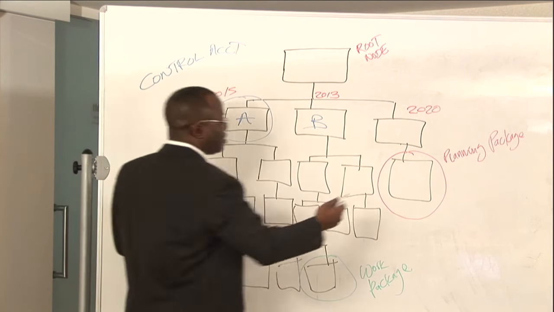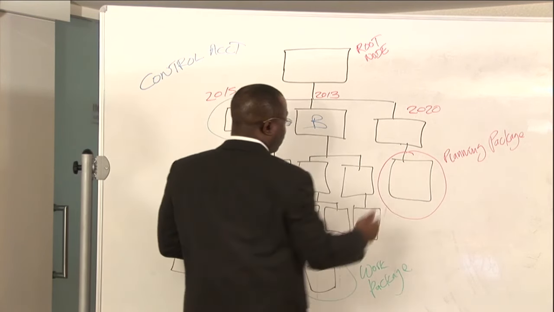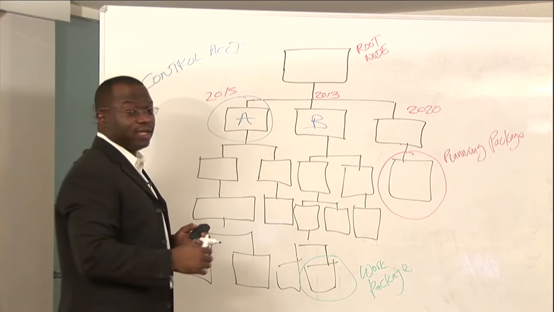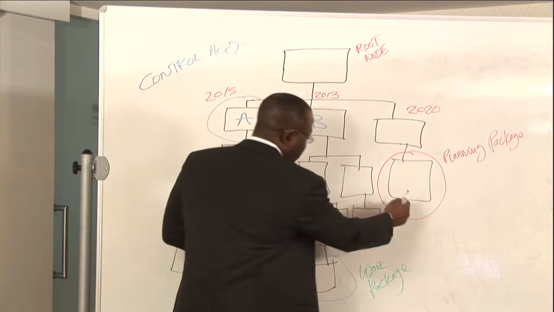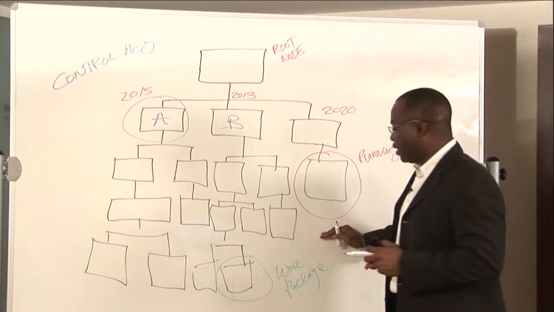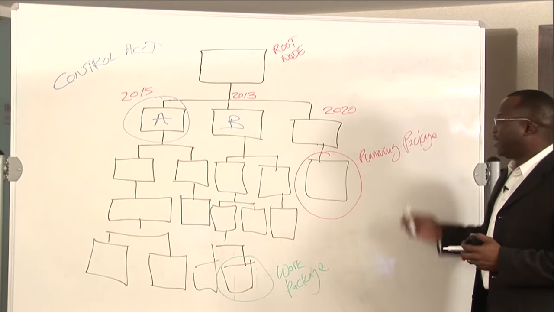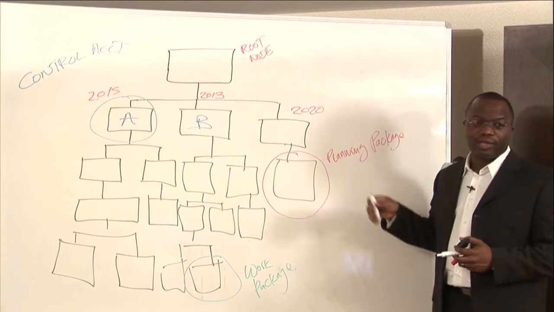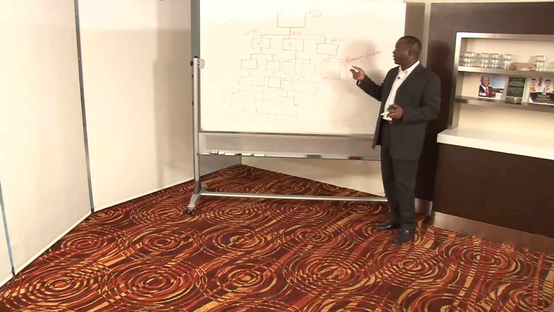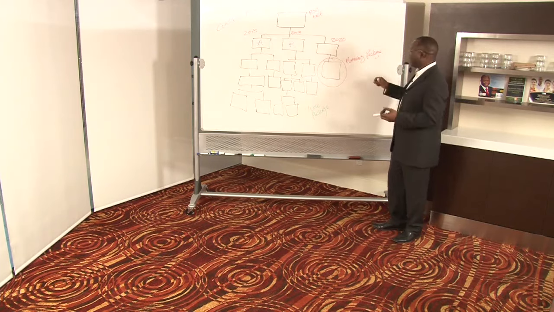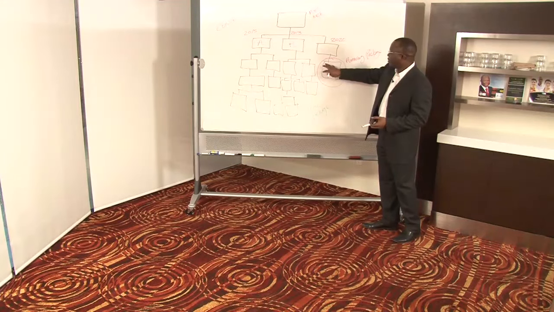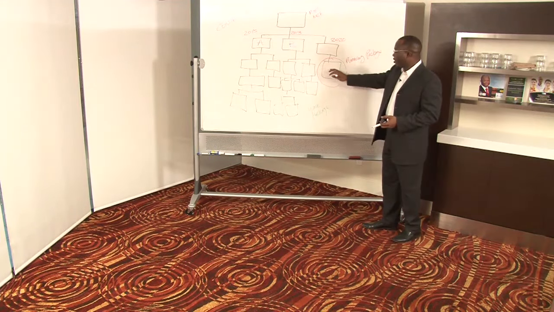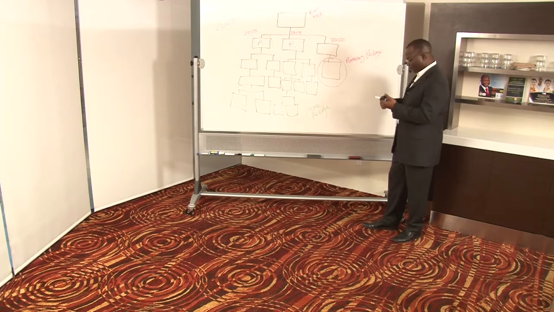We know that it has known work content. We know the value of the work. We understand how much money is involved, but we haven't broken it down into a lower level of detail. And that is synonymous with rolling wave planning. So when you think about progressive elaboration, rolling wave planning, think about those planning packages containing known work content which will not be decomposed until we move closer to it.